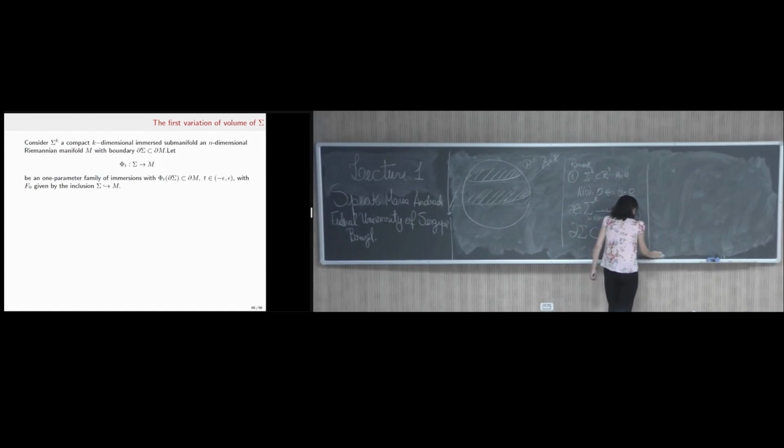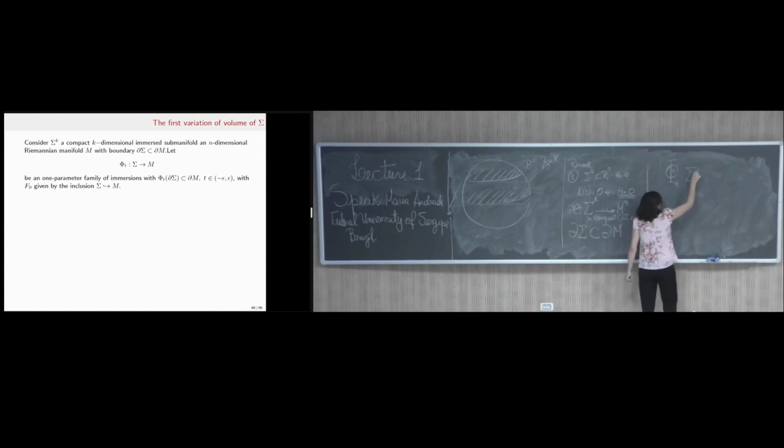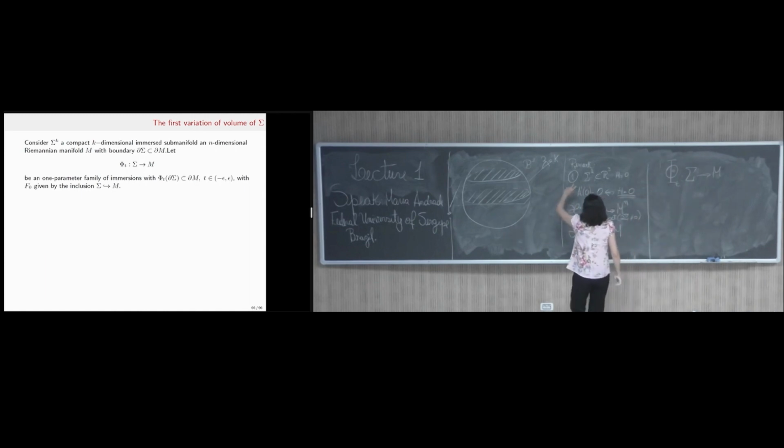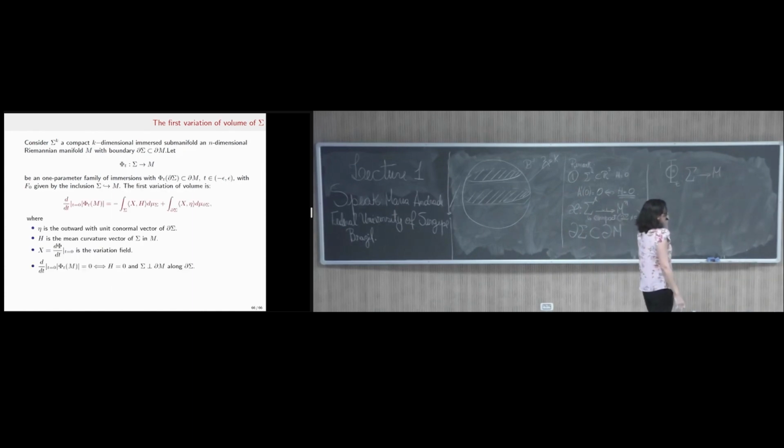Now you consider a family of deformation, given by this expression. It's the same way as when I talked with you about the classical result: you can consider the family of deformation and deform the surface. After that, you can calculate the first variation, and you have this expression.